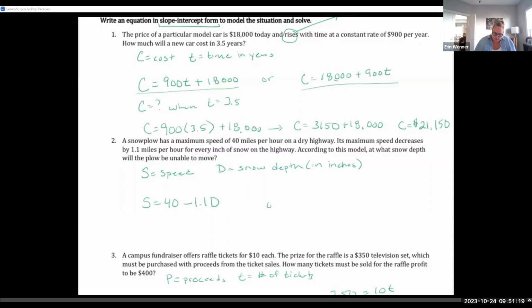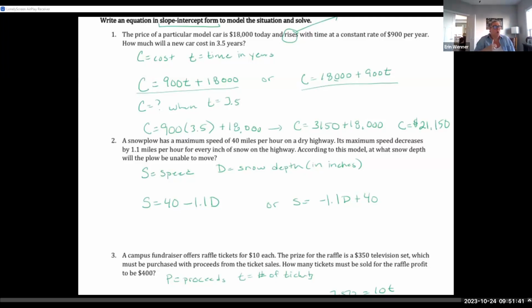Now, the other way, like I said, you could also just write it as negative 1.1 D plus 40, where that's our initial speed is 40 miles per hour. But I think writing it the first way makes more sense in terms of how we're thinking about this, like, okay, I have my initial speed and it has to decrease over time.